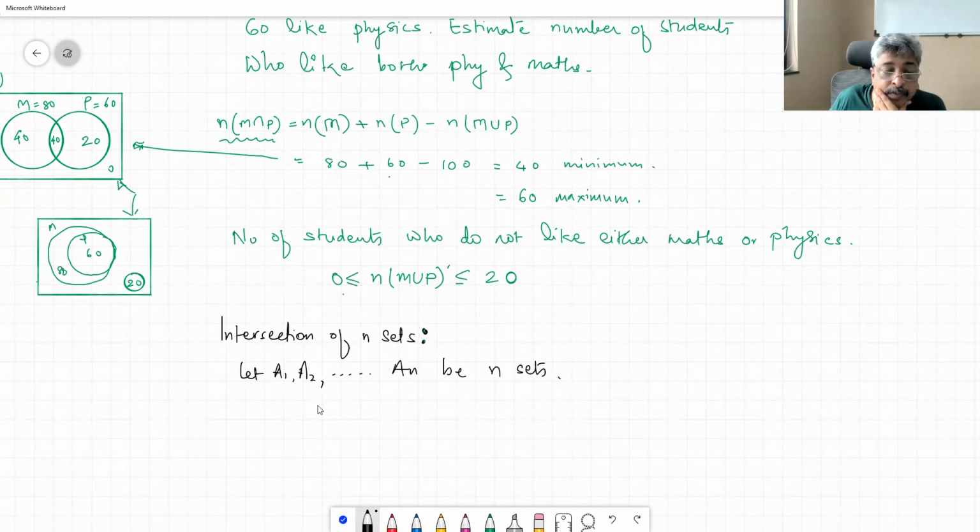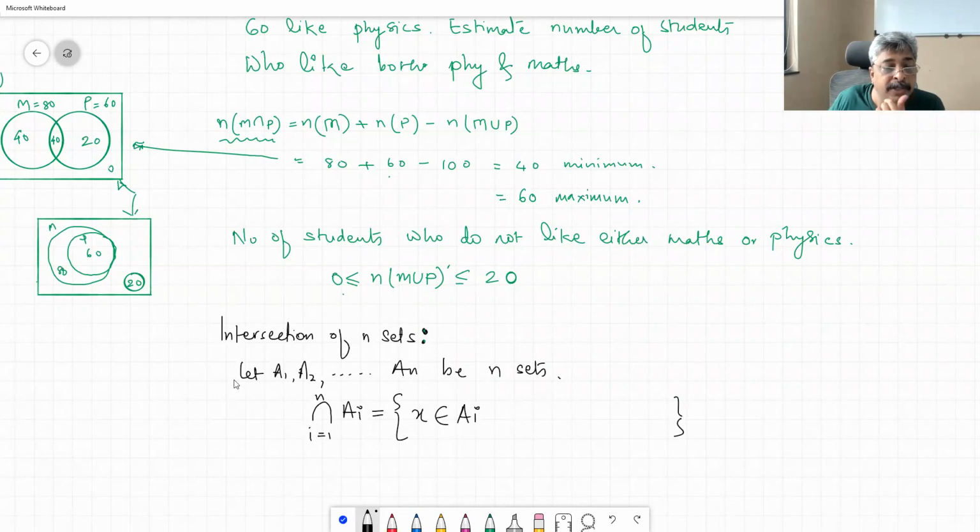Intersection, capital intersection, i goes from 1 to n, Ai is equal to, in curly bracket, all those x belonging to Ai. Now complete this, and similarly complete for union.